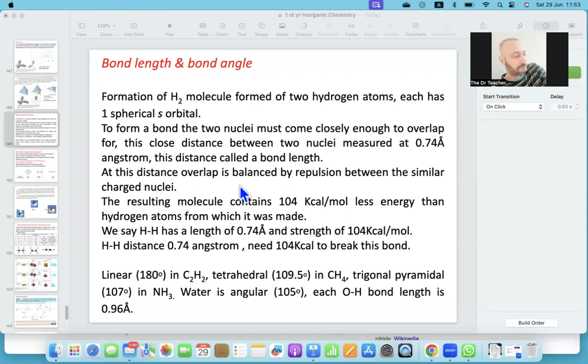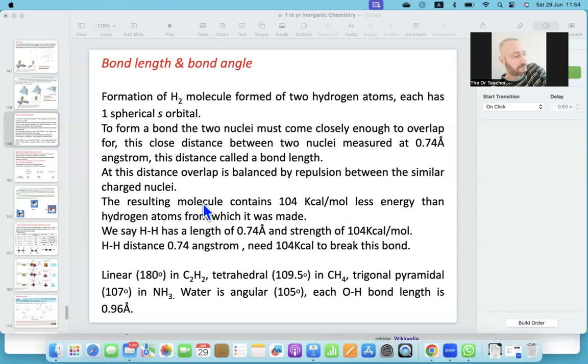So we need an energy to combine these two nuclei. Atoms will not come together to make a bond unless there is external energy. That's why we need this energy to put two atoms together and make an overlap. Once they reach this distance, they can form the hydrogen molecule.